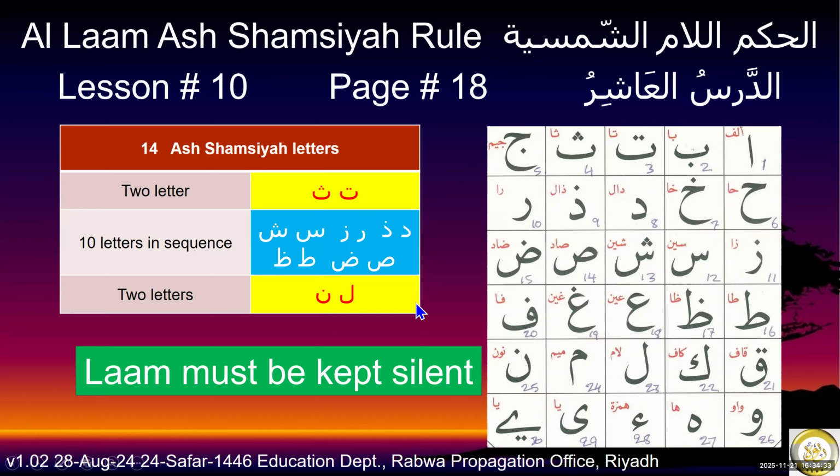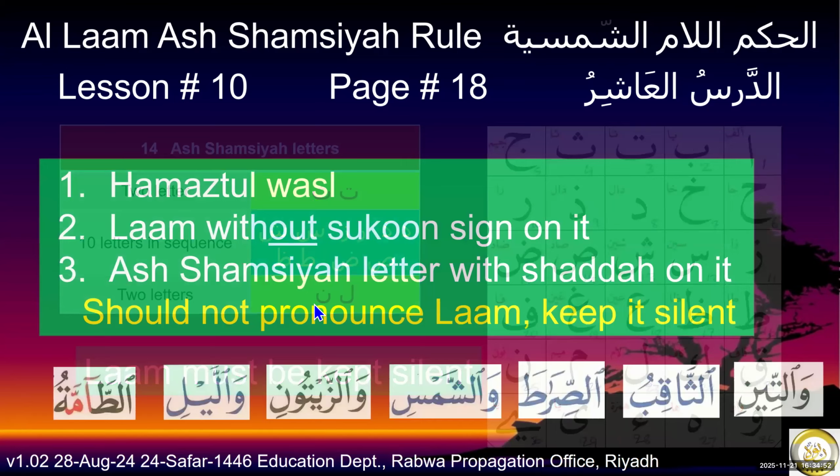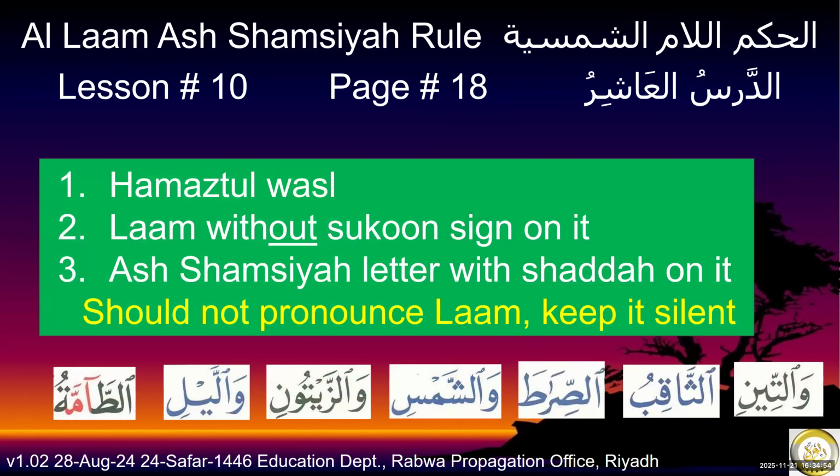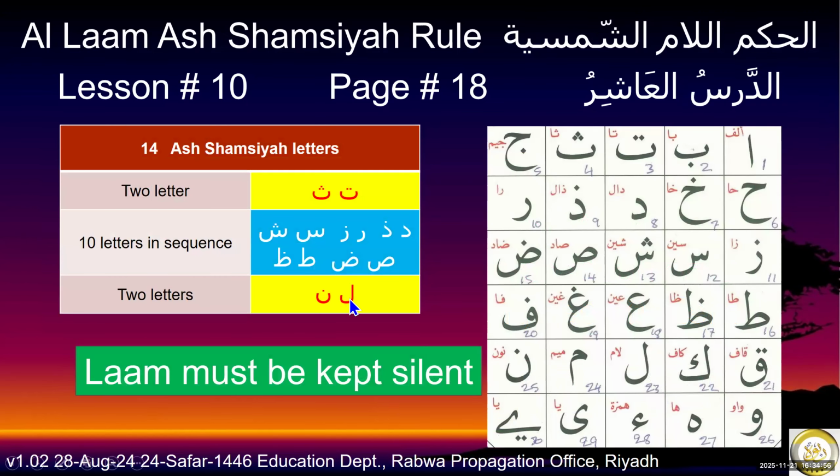In Shamsiya, the lam must be kept silent. It means this must be the second letter of the word, and one of these letters must be the third letter. The second letter is always lam without sukun sign in Shamsiya. Here you have to remember that lam has been categorized in the Shamsiya, not in the Qamariya.